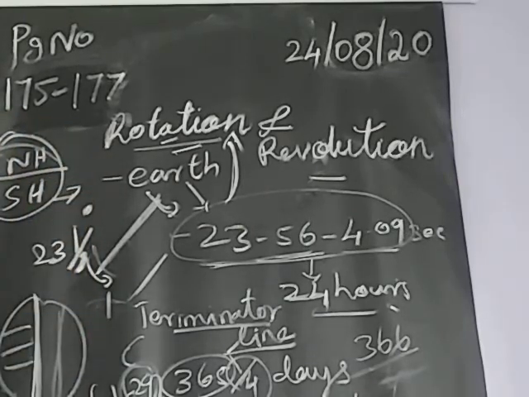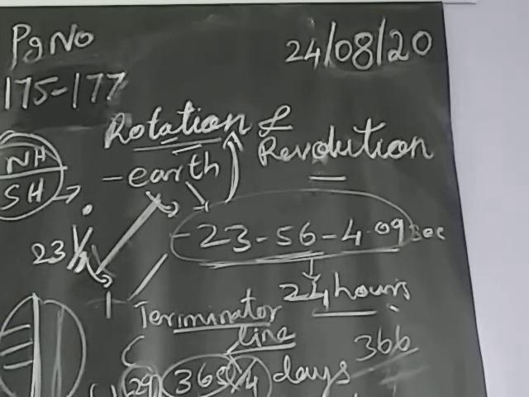So the southern hemisphere is inclined to the Sun from September 23rd to March 21st, and the northern hemisphere from March 21st to September 23rd.